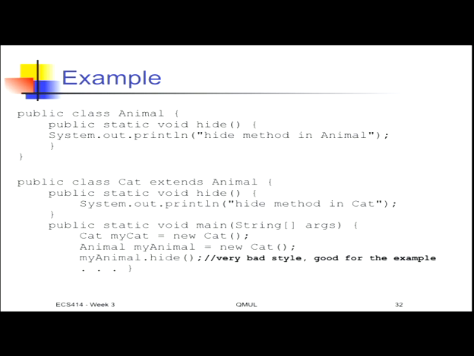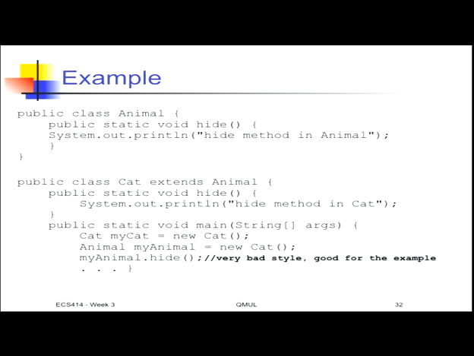Well, what we will see on the screen is hide method in Animal, because these are class methods. Hence they are not concerned with what the object really is, whether it's a Cat or an Animal. They are only concerned with the type of the object.